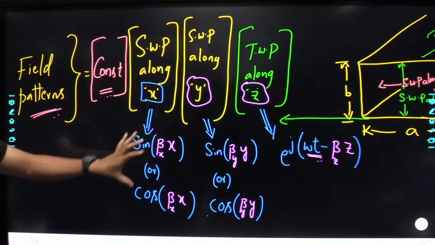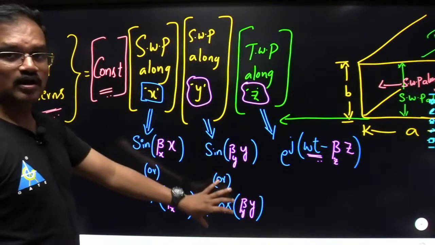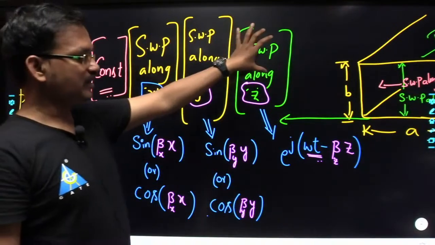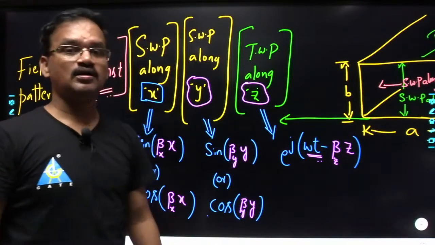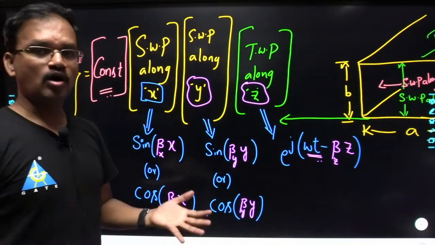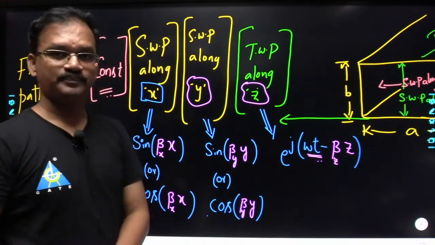In this manner you can easily remember it. Similarly you can write the standing wave pattern along y, multiplied by the traveling wave pattern along z. We know how to represent the traveling wave pattern.